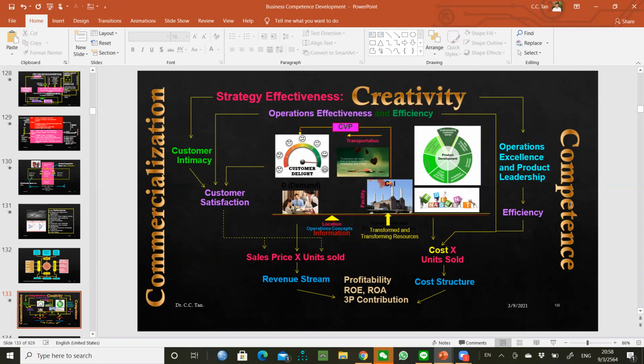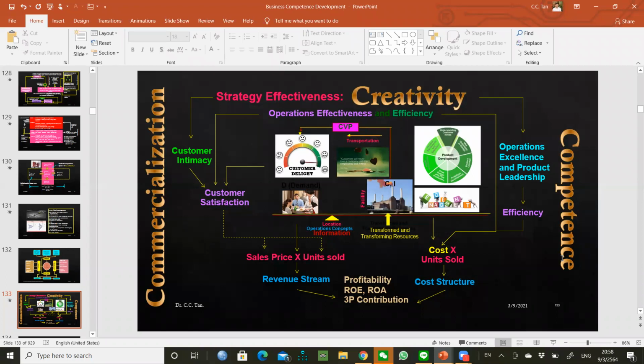All your production and operations competency, connecting and utilizing it for customer delight, right? And which is commercialization. So we have this competency in this operations management platform, which is creativity, okay, strategy effectiveness guiding the operational excellence, competency, and the customer commercialization.